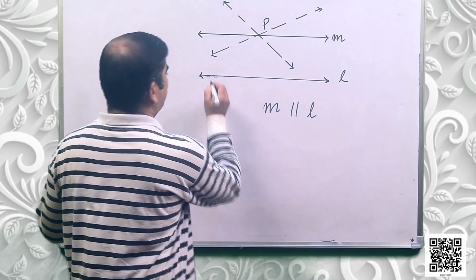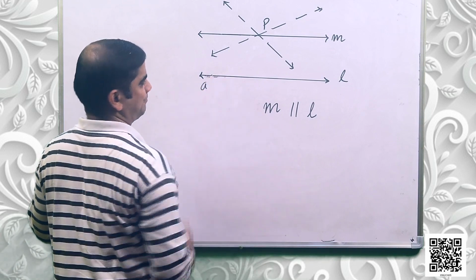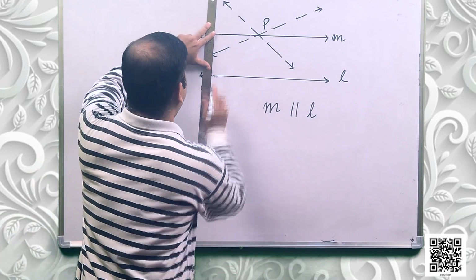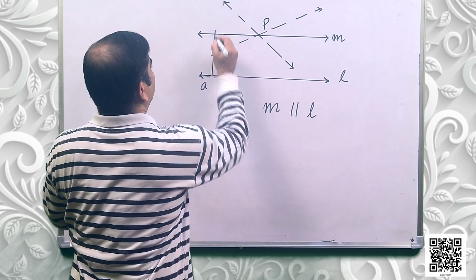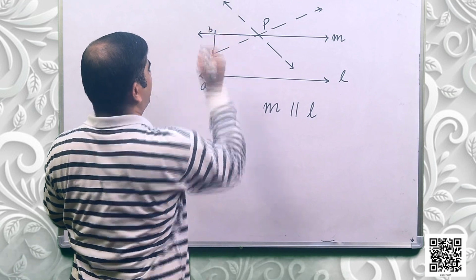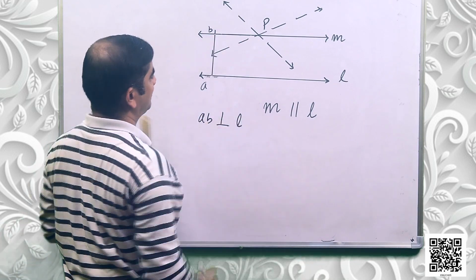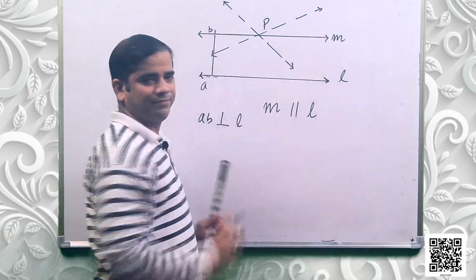That means if there is a point A on L, and I draw a perpendicular which intersects line M at point B, and AB is perpendicular to L, this distance is constant throughout.